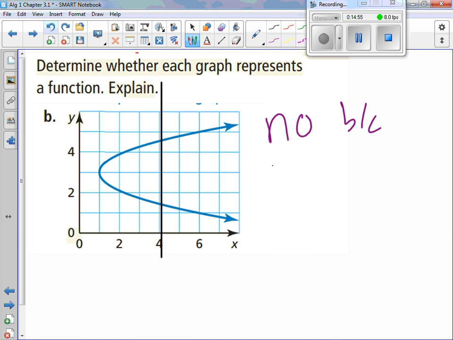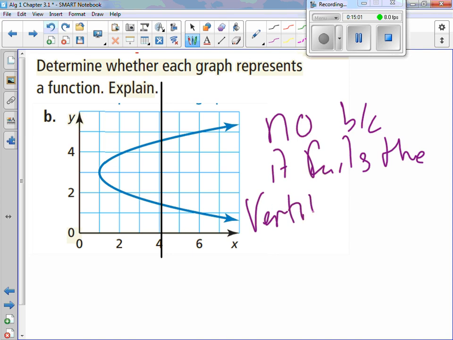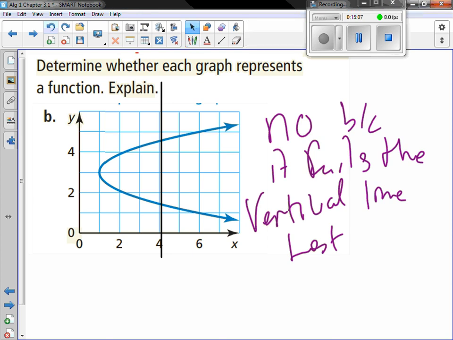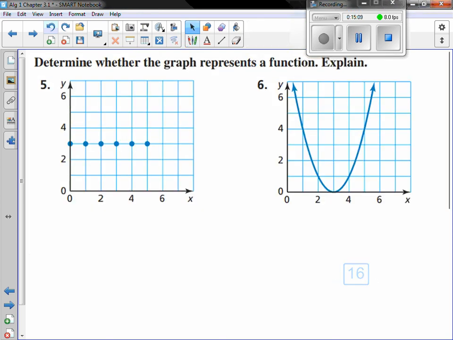No, because it fails the vertical line test. That fails the vertical line test, so it doesn't work. So what would we say with number 5? How about number 6?